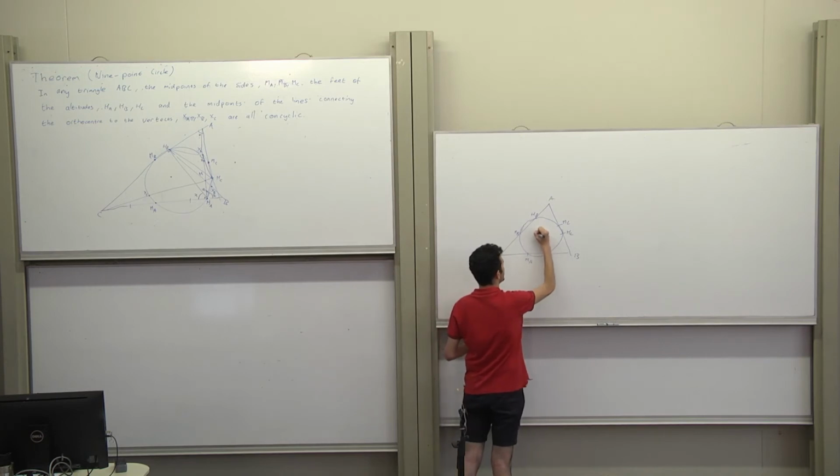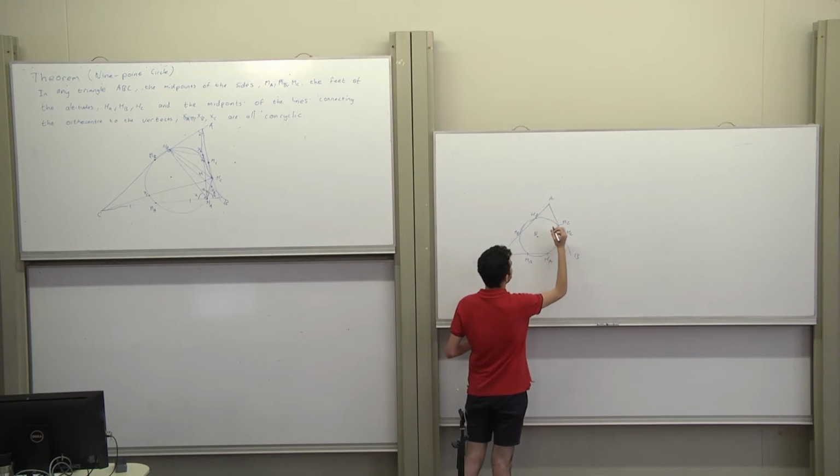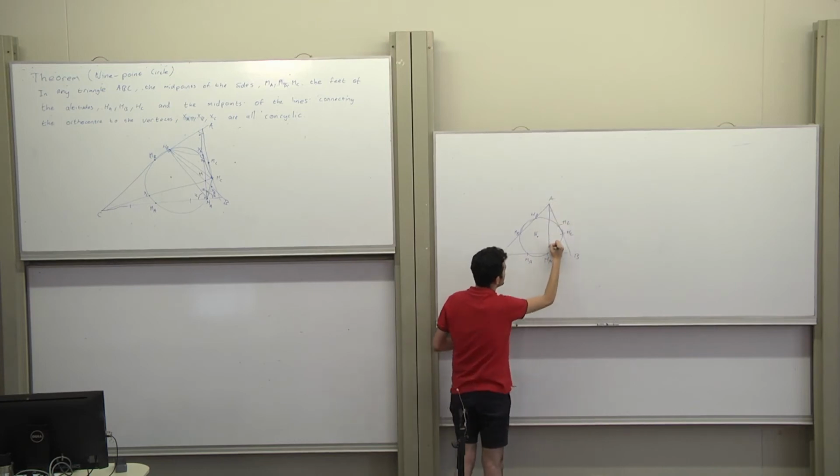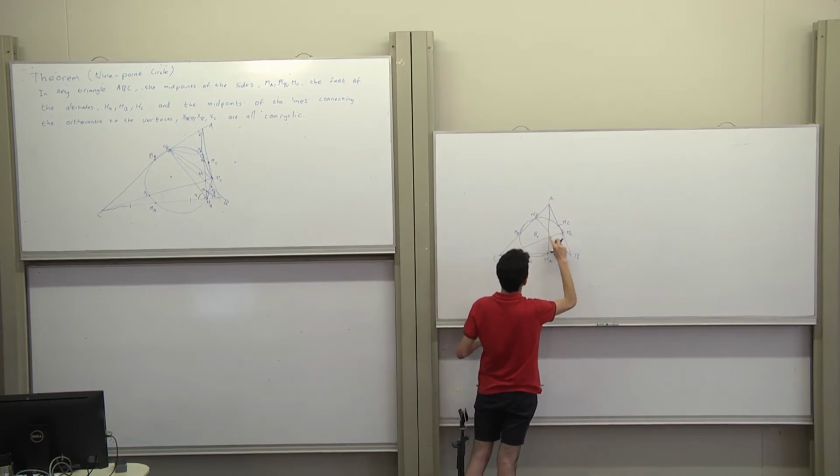We're going to call that N, because why not? And we're also going to have to draw in the altitudes for this because that's going to be important. That is not concurrent, which is not super great. So I'm going to have to fudge this a little bit to make it look right.